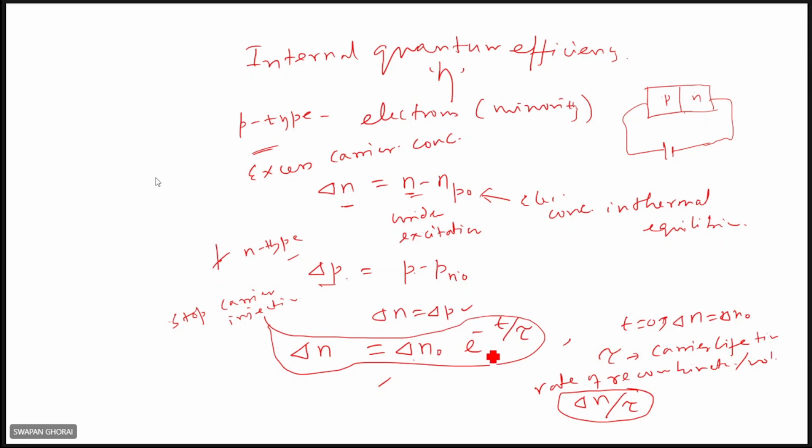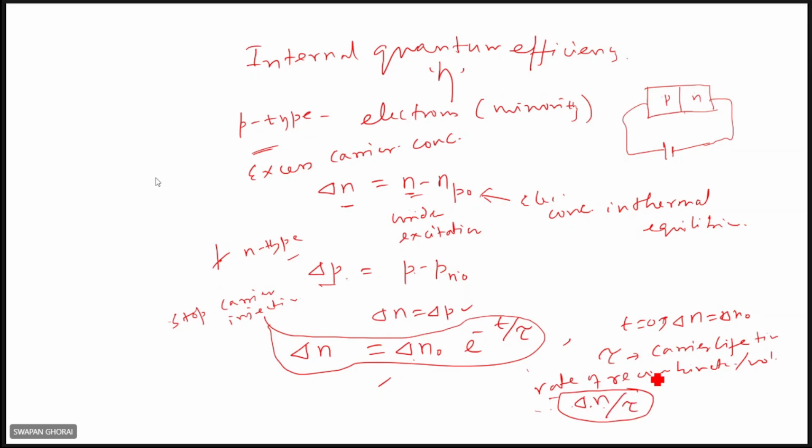Actually, there are two processes. Because of the injection of current, excess carriers will be generated, and these excess carriers will recombine. The rate of recombination will be delta n upon tau, where tau is the carrier lifetime, so 1 upon tau is the rate of recombination. If delta n excess carriers are there, then the rate is delta n into 1 upon tau.